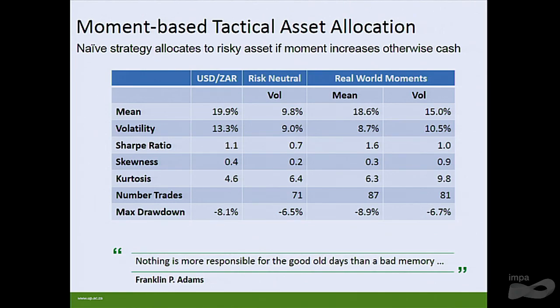So the optimal strategy here was just to hold dollars. If you look at the risk neutral strategy, your mean would only have been about 10%. Fairly good Sharpe ratio, but not as good as if you just hold the dollar rand. The real world moments, though, give you something that's very close to the mean at a proper Sharpe ratio.